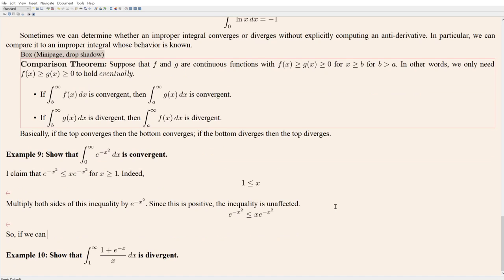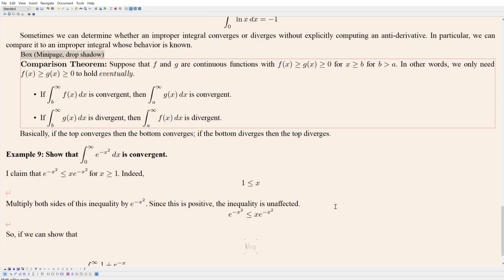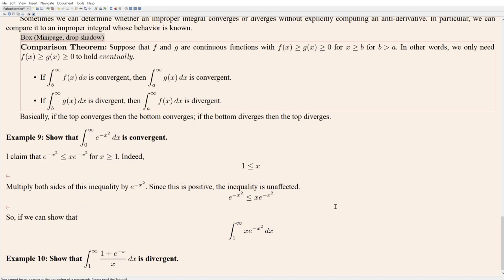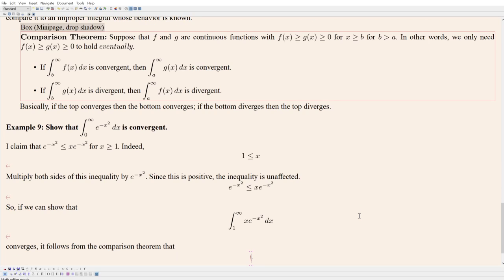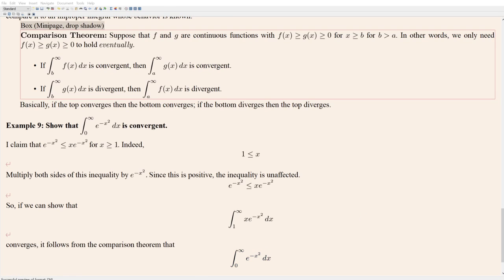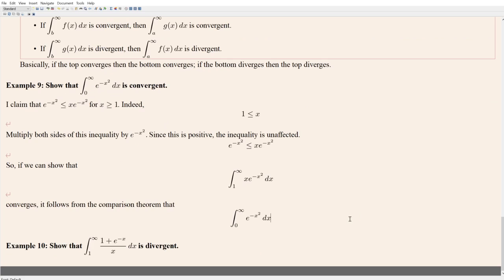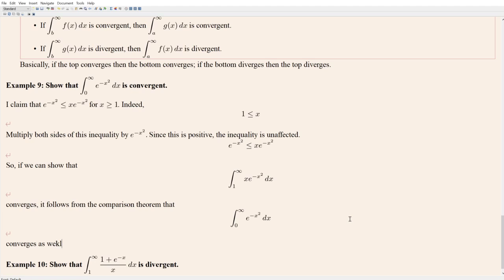So, if we can show that the integral from 1 to infinity of x e to the negative x squared converges, it follows from the comparison theorem that the integral that we were given converges as well.